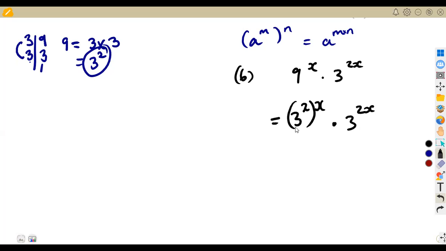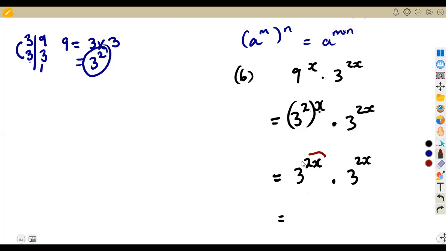Of 2x. So considering this, we can multiply, because now we are back to the condition of an exponent and exponent. So we multiply 2 times x, which is 3 to the exponent of 2x, multiplied by 3 to the exponent of 2x. So what are we going to have at the end? I'm multiplying these bases, they are the same.